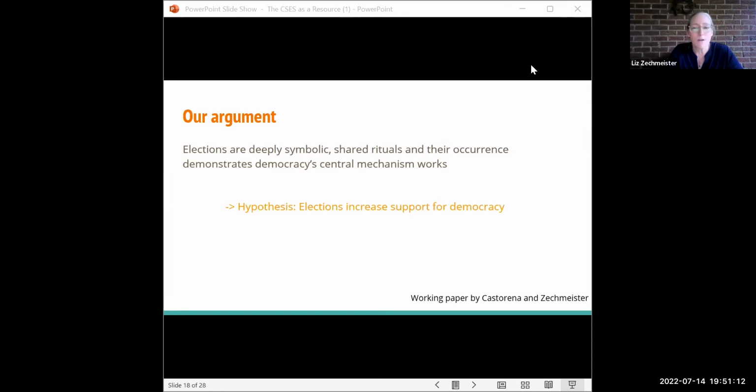It's not the only thing they think about, but a lot of people put elections at the core of their conception of democracy. So when elections happen, it constitutes a very visible demonstration that elections work. And so we hypothesize that elections increase support for democracy.